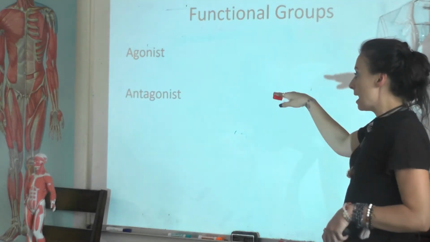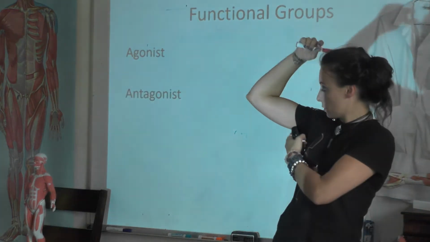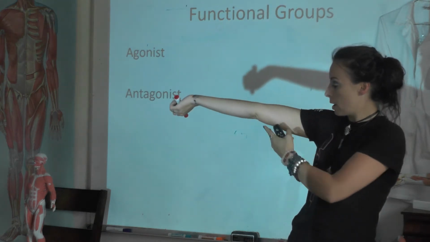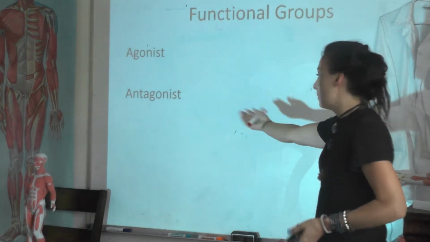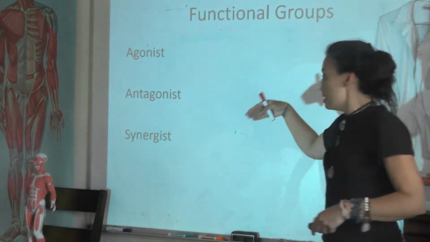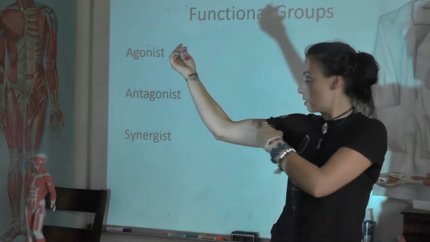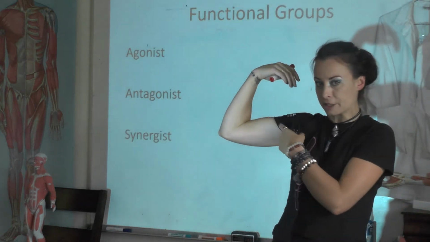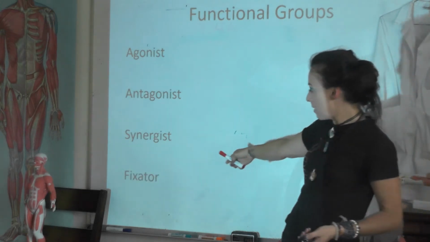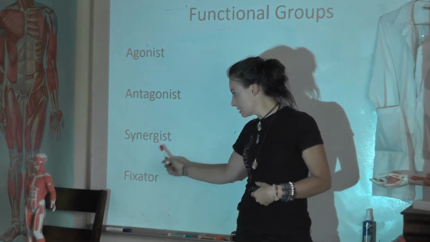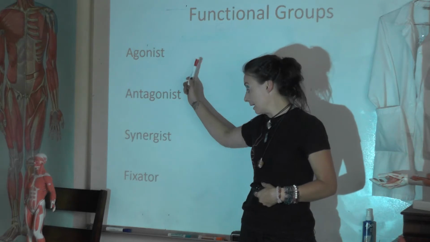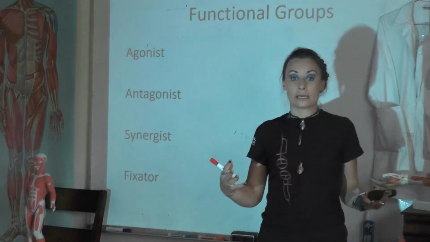Okay? The antagonist is going to be what directly opposes that, or is on the opposite side of the joint and opposes the motion of the agonist. The synergist is going to assist. So you met the synergist for forearm flexion. It's brachialis. And then we're going to have another type of synergist that's going to assist the agonist by stabilizing the joint.